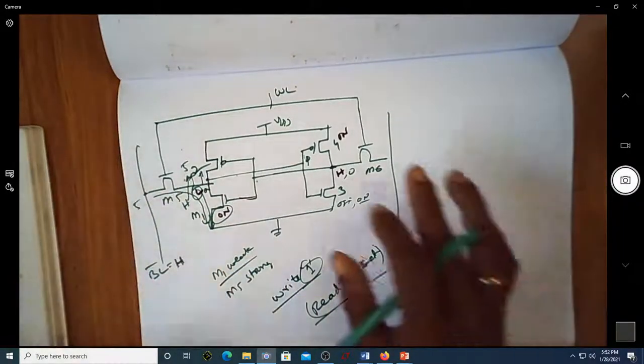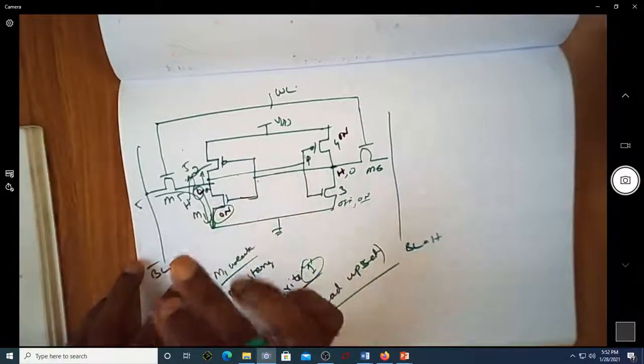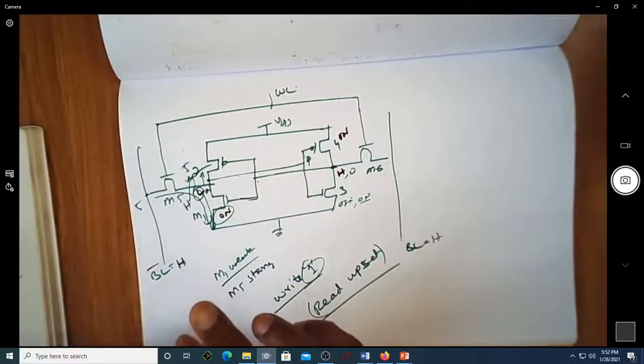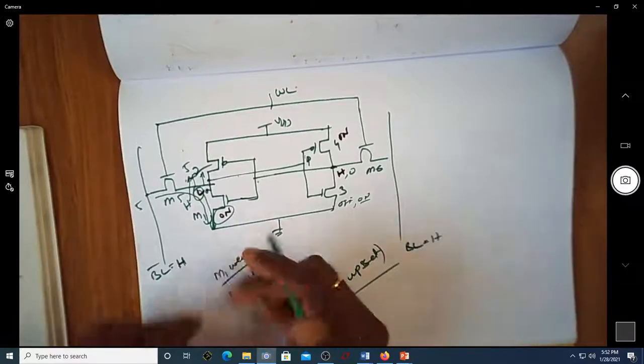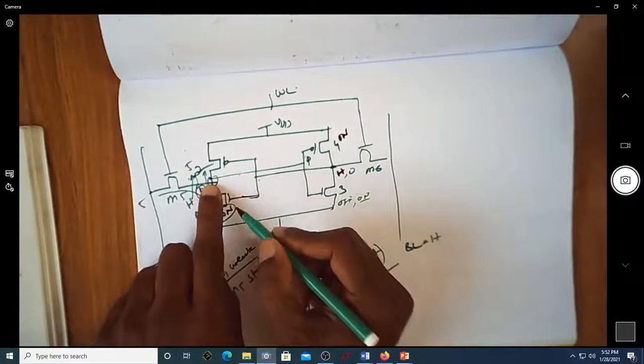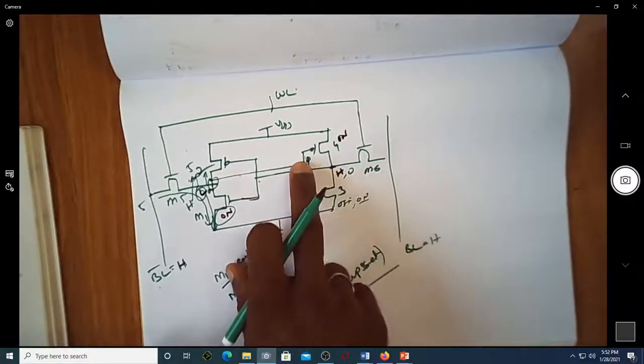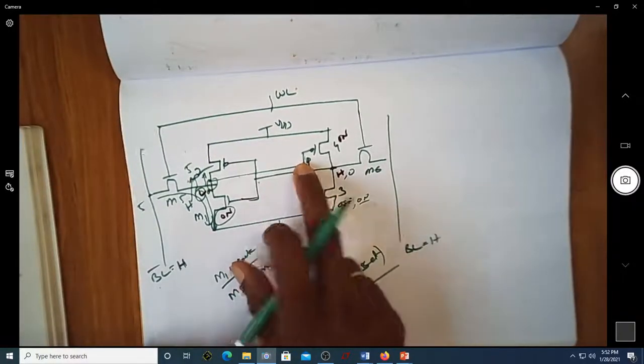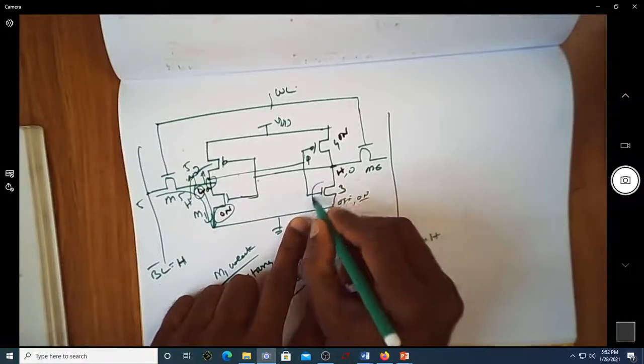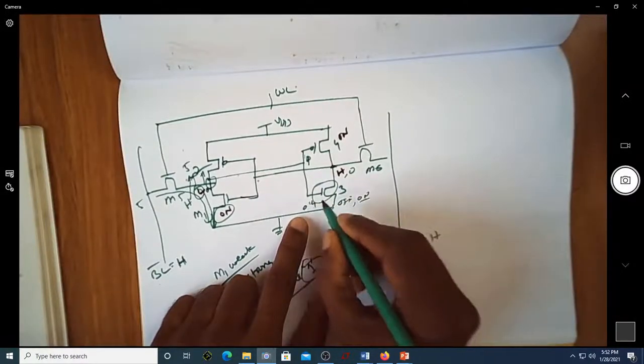So the dimensions of the transistors have to be very meticulously adjusted so that the voltage at this point does not go above the threshold voltage of this particular inverter. We know that the threshold voltage of this MOSFET is around 0.4 volt.